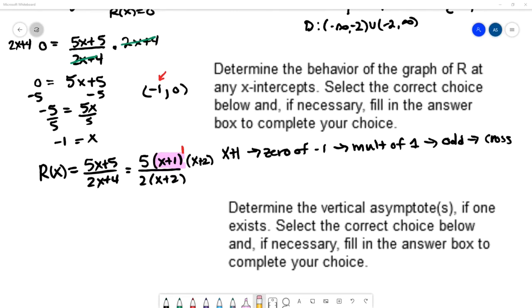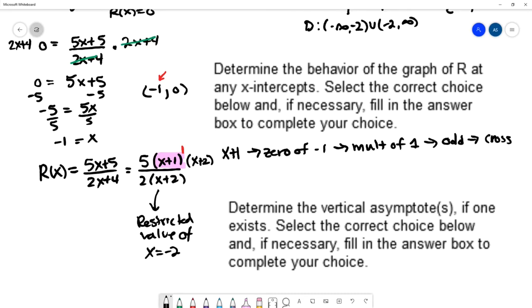Okay, so now what we're going to do is look for vertical asymptotes. And when we look for vertical asymptotes, we keep in mind what we did earlier. Remember earlier we found the domain and we found a restricted value of x equals negative 2.